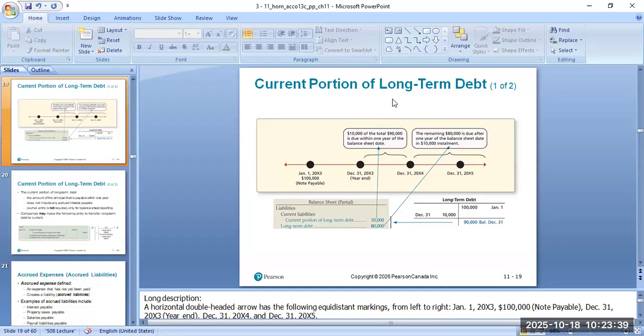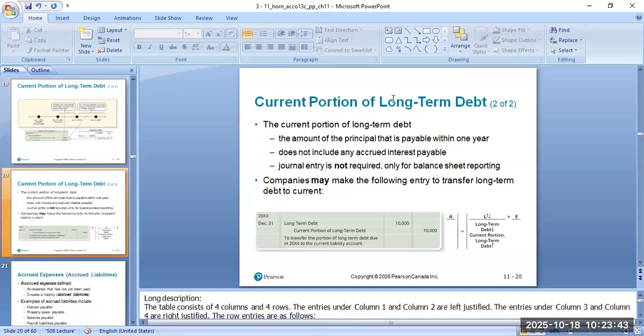Don't forget that, please, for presentation purposes. In this case, the current portion of the long-term debt is the amount of the principal that is payable within 1 year. That does not include any accrued interest payable. A journal entry in this case is not required. Everything is about presentation.